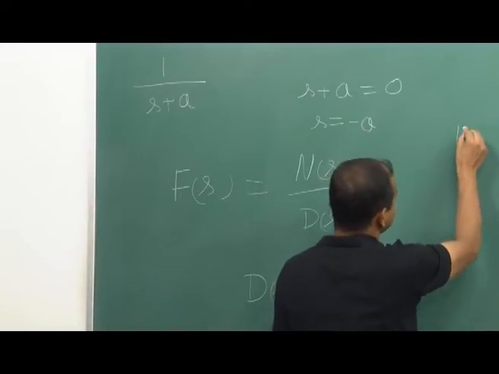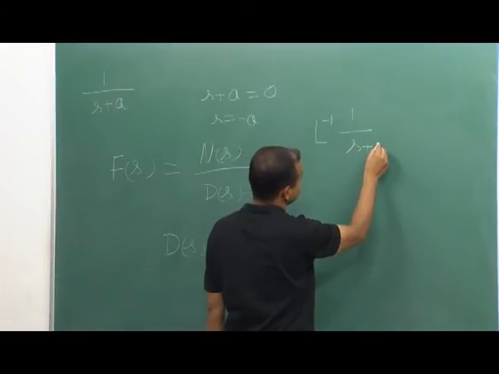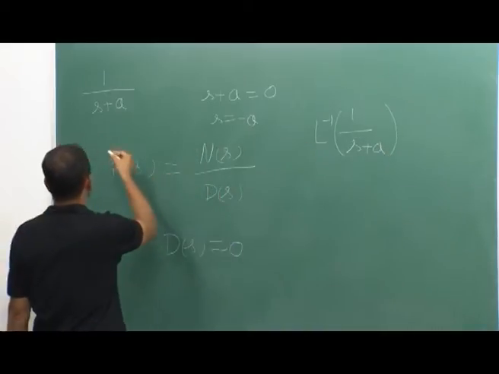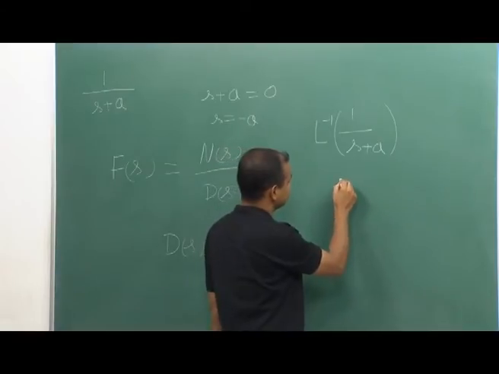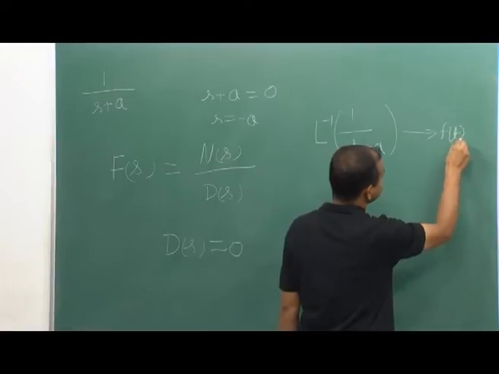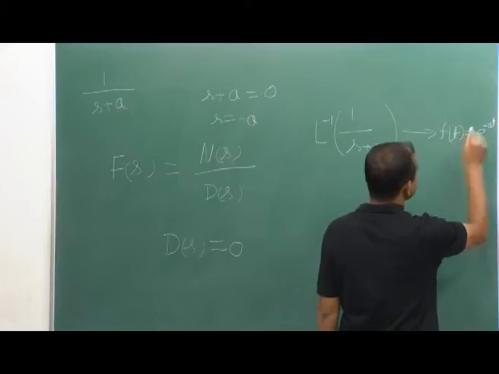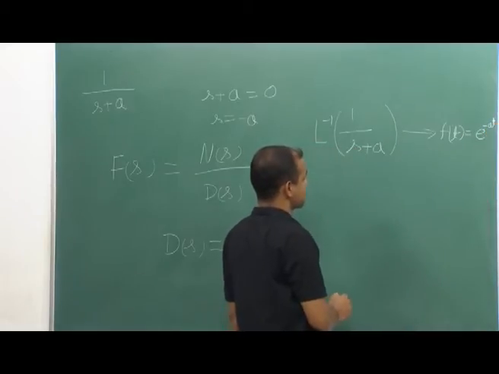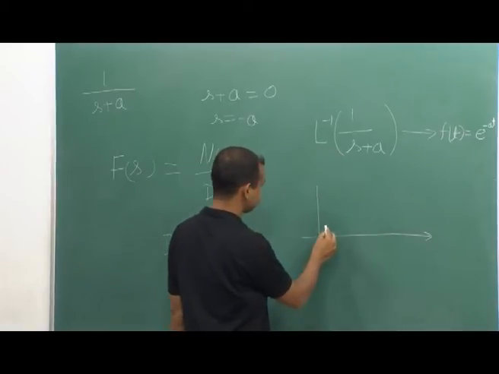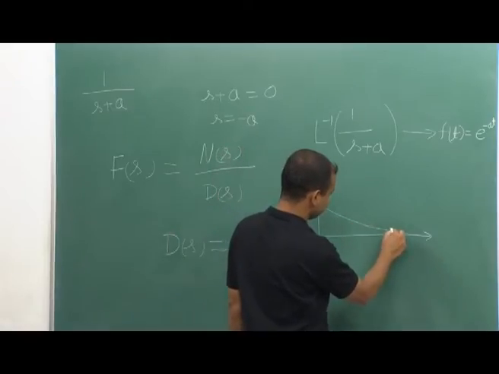If I take the Laplace inverse of this transfer function, suppose this is my F(s), then f(t) will be e^(-at), and if I plot it, it will be something like this.